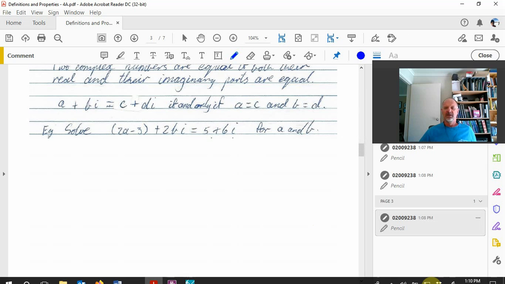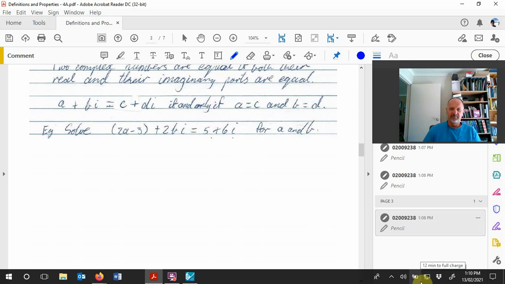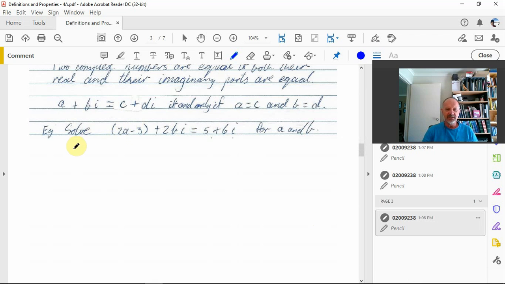All right, so if we've got an example here, and we're told that these two are the same, then from what we saw up there, they can only be the same if and only if the real parts, which is 2a minus 3 equals 5, and the imaginary parts, 2bi and 6i, are exactly the same.